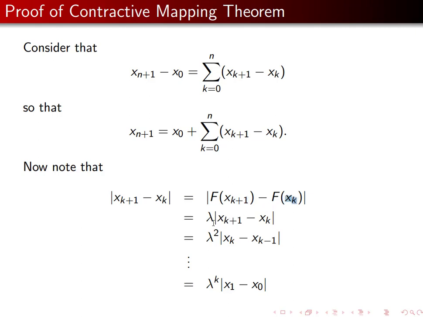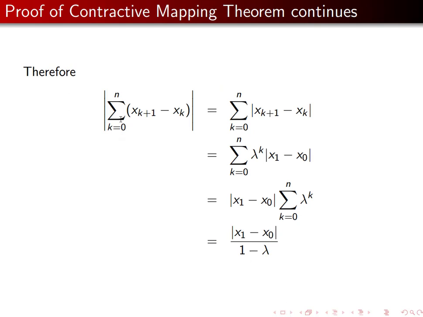It's close enough for jazz, though. This will be, by the contraction mapping property, less than or equal to lambda times the absolute value of x_k minus x_{k-1}. Going down in this same fashion, we can get that this difference x_{k+1} minus x_k is bounded by lambda to the kth power times this constant number.